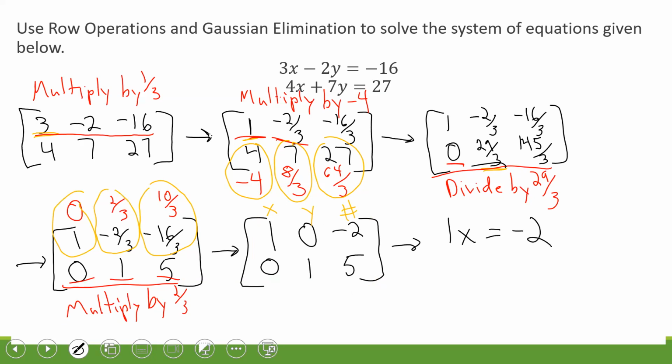We don't write anything for the y because there's just a 0 corresponding to that entry. And then from the bottom row, we would end up with 1y equals 5. Again, we don't write anything for the x because there's just a 0 there. But each of those simplifies nicely to just x equals negative 2 and y equals 5.